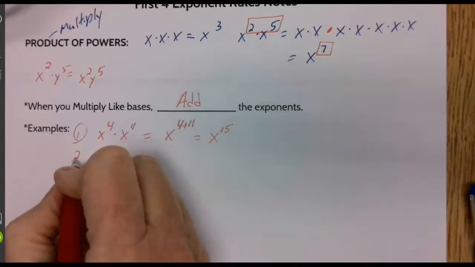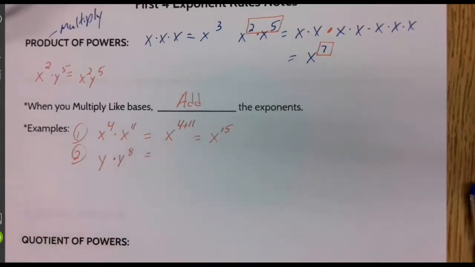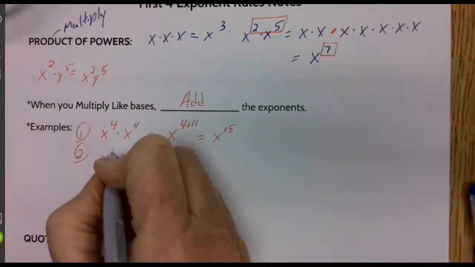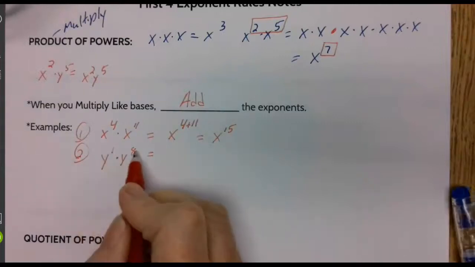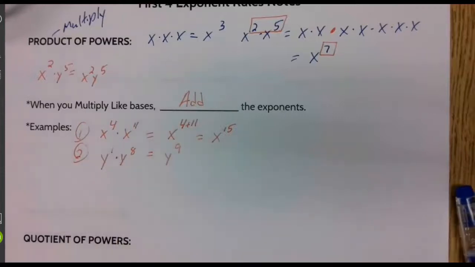Okay? Number 2, y times y to the 8th. Now on this one, what you need to remember is what is my exponent right here? Hopefully you said 1. And if I take y to the first times y to the 8th, that's y to the 1 plus 8, or 9.